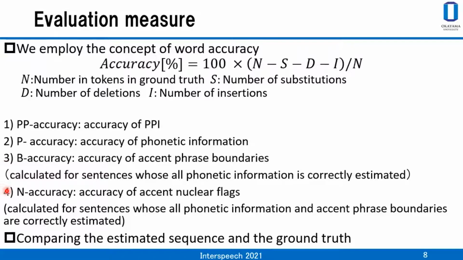Fourth, N accuracy is the accuracy of estimation in accent nuclear flags and is calculated for sentences whose all phonetic information and accent phrase boundaries are correctly estimated. The accuracies are calculated by comparing the estimated sentence and the ground truth using dynamic programming.